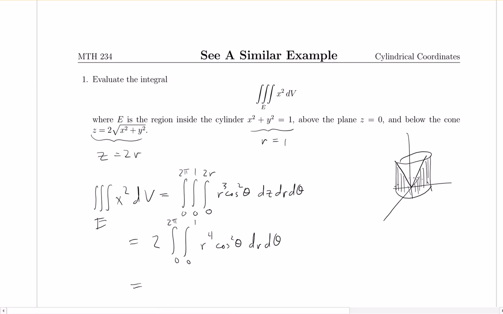Now we integrate r. So we just integrate r to the 4th. We get r to the 5th over 5, so we'll put the 1/5 outside. And r to the 5th from 0 to 1 is just 1. It's 1 to the 5th minus 0 to the 5th.